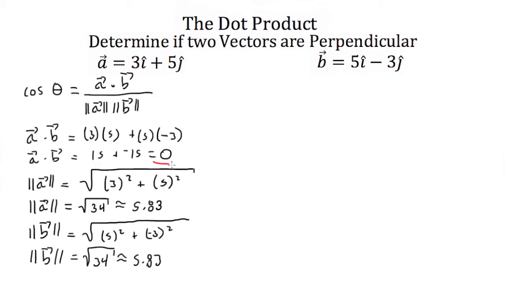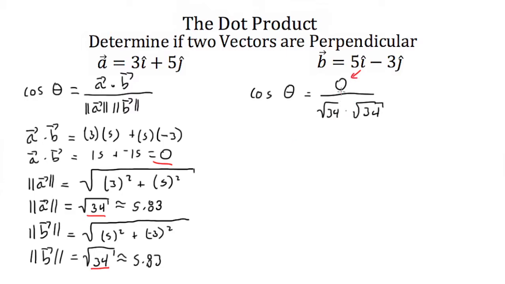Plug all this stuff in. We have our dot product and our two magnitudes. So the cosine of theta is equal to 0 over the square root of 34 times the square root of 34. Well, let's look at something here. It doesn't matter what the denominator of this fraction is, because our numerator is 0.